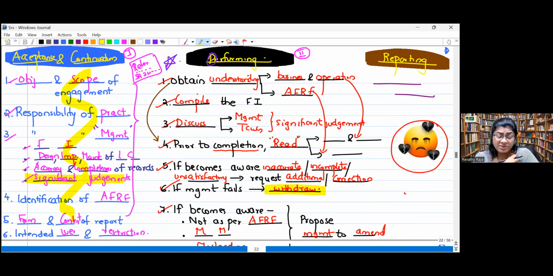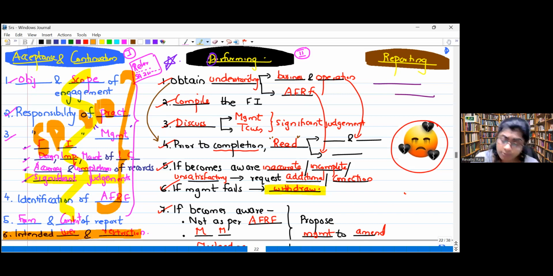Even in SRE, we said acceptance and continuation you have got from SA 210. In 210, 5 points: objective and scope, management responsibility, auditor's responsibility, AFRF, audit report form. But one thing you should add, intended user, who, and its restriction. Rest of the story is SA 210.